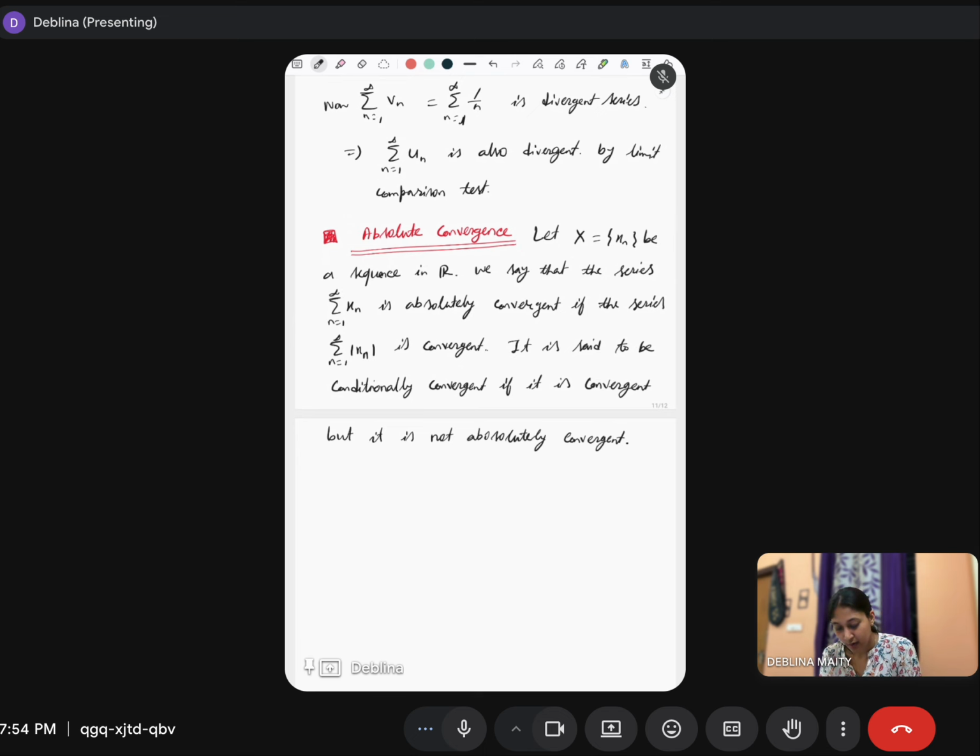Right? And also, note that absolutely convergent implies convergent. This is a simple proof. It means if summation mod of xn is convergent, then summation xn is convergent, right?